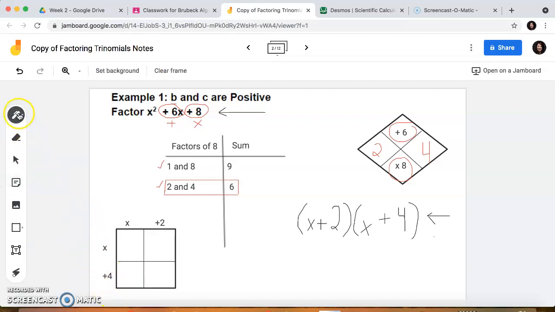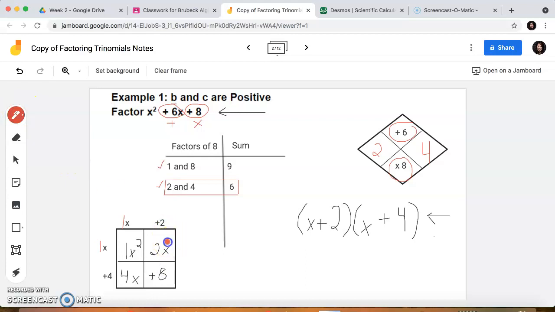So in this box, x times x, we've got invisible 1s in front of both. So 1 times 1, that's going to be 1x squared. 1x times 2, that's going to just be 2x. 1x times 4, that's going to be 4x. And then plus 4 times 2, that's going to be 8.